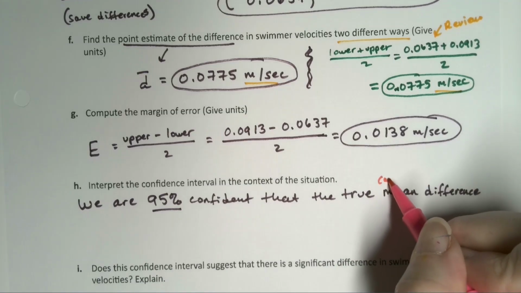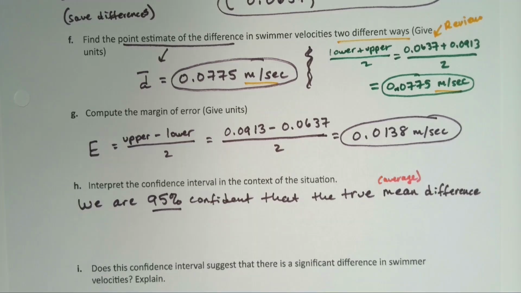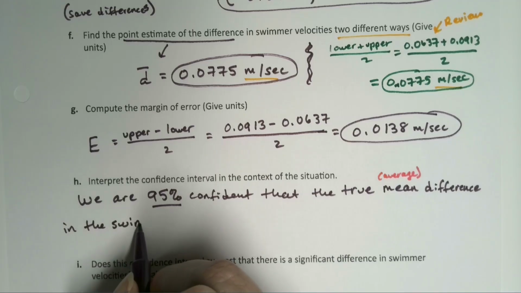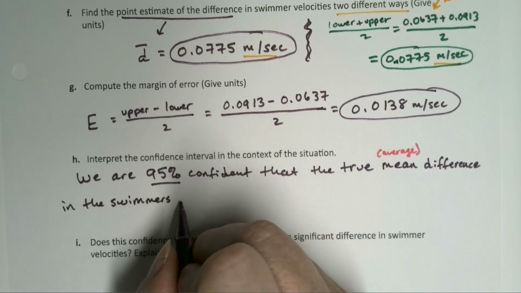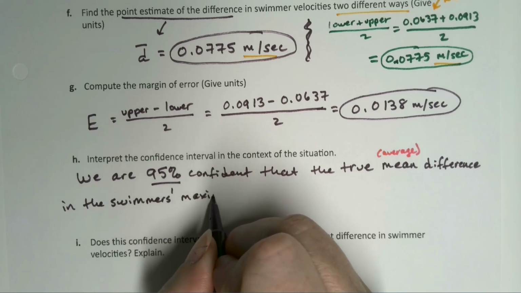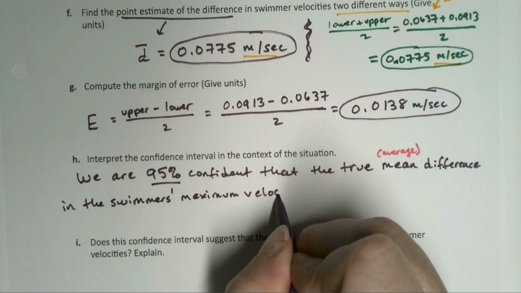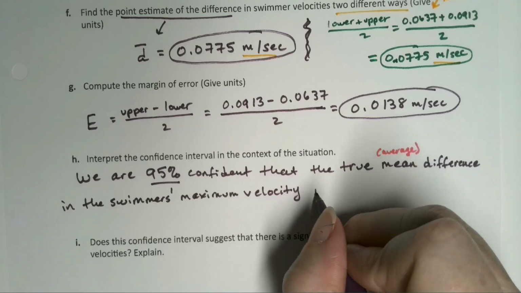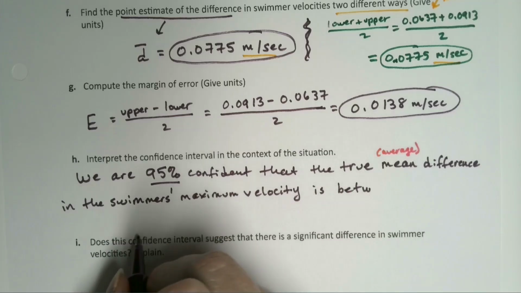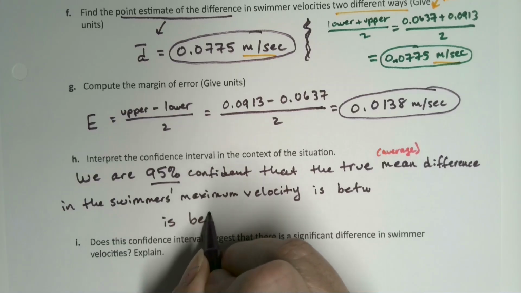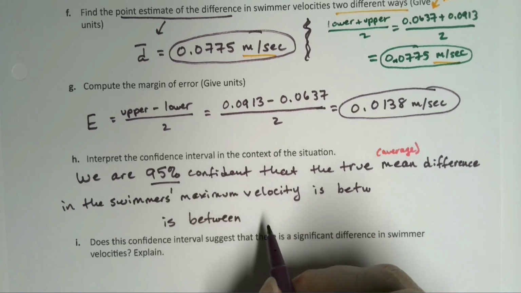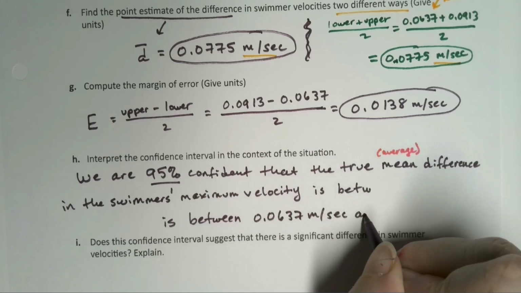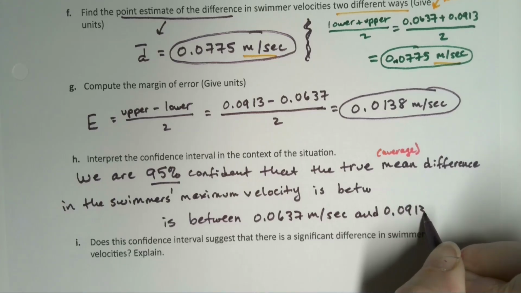The difference in swimmers' maximum velocity, the fastest they swam the whole time, is between 0.0637 meters per second and 0.0913 meters per second.